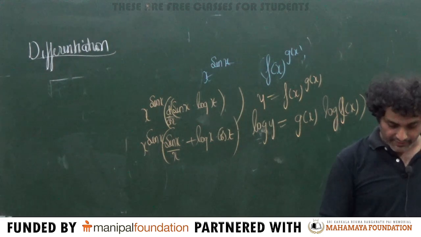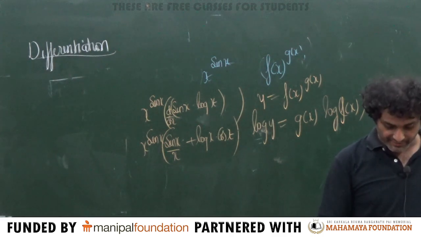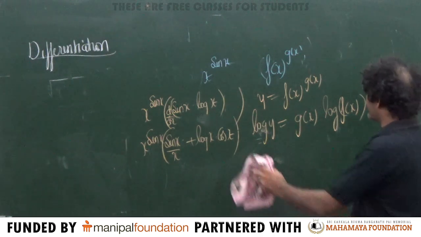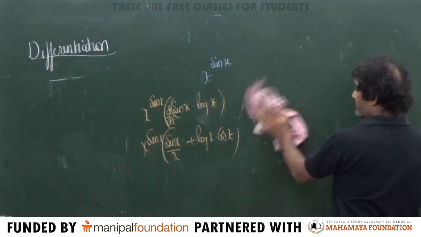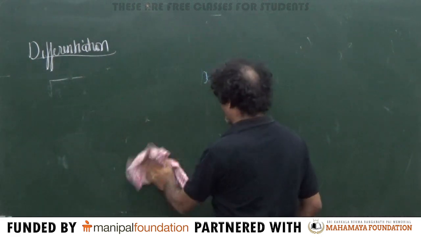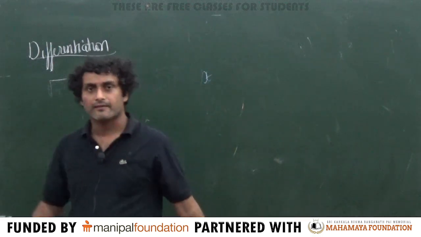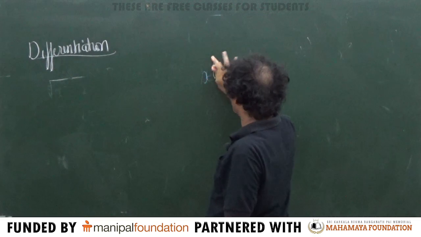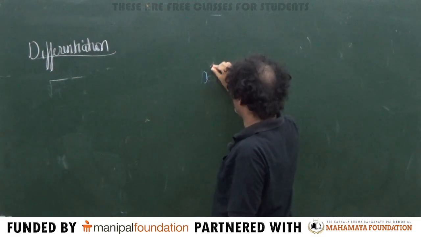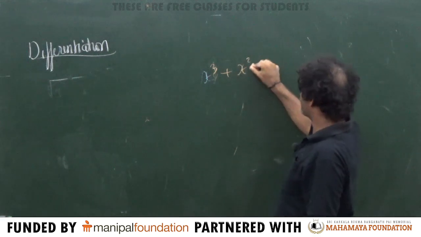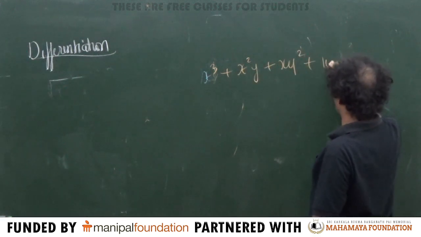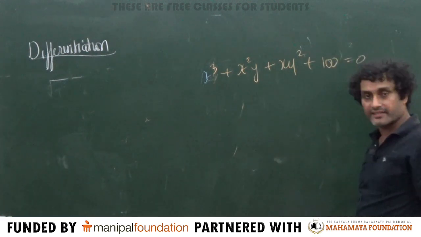Then you had learnt about implicit differentiation, right? What is implicit differentiation? For example, x to the power 3 plus x square y plus xy square plus 100, something like this they will give.